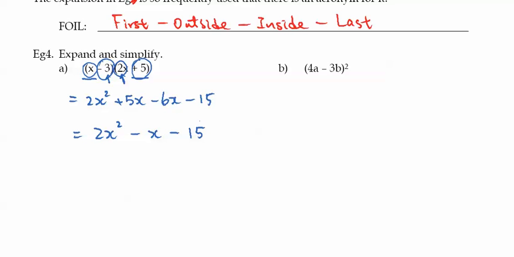Sometimes the questions don't give us two brackets. They want you to come up with two brackets. And they can do so by using a square. For example, for B, you see a square for your bracket.